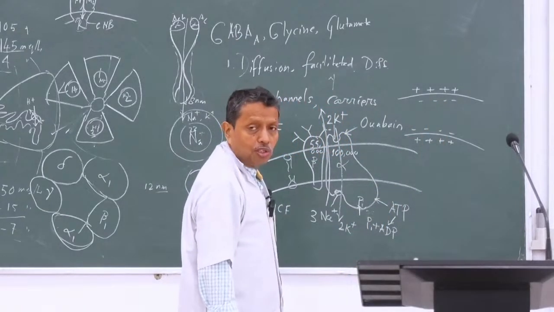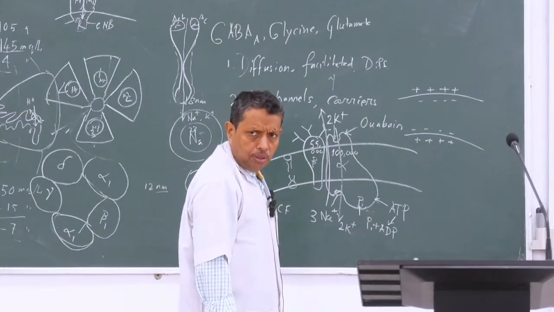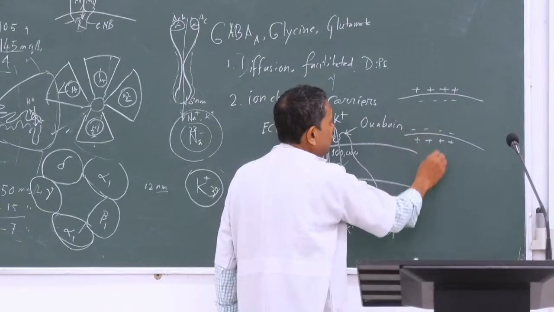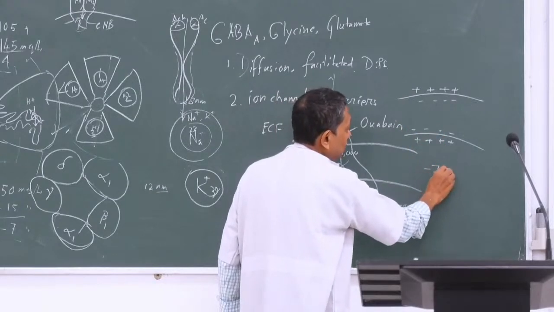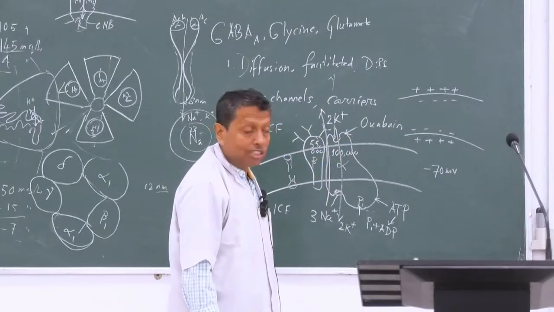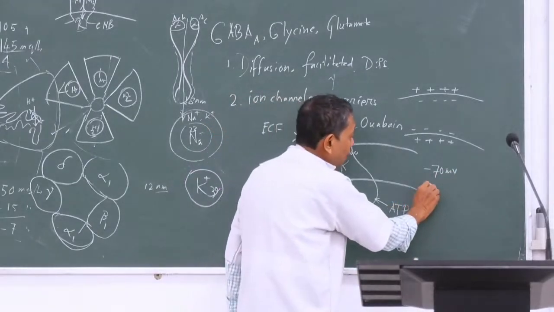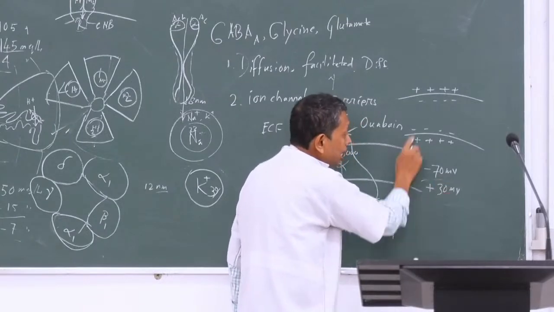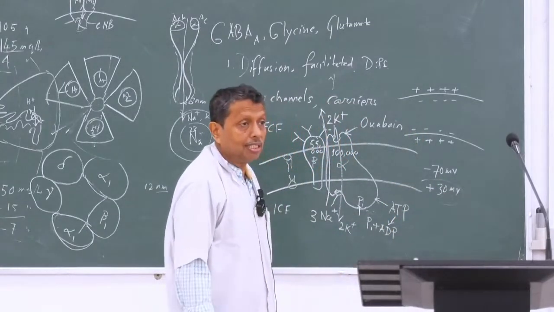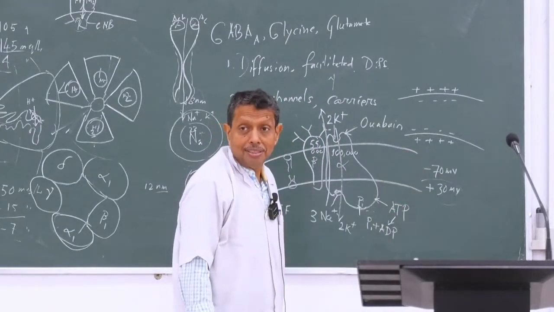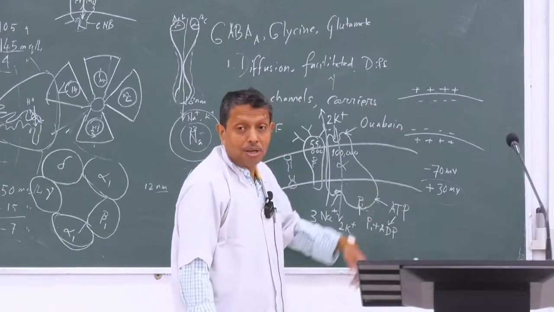By means of a cathode ray oscilloscope or a sensitive galvanometer, it can be expressed as minus 70 millivolt. But during the action potential, it may be plus 30 millivolt. So it indicates that the inside becomes positive transiently during the action potential. It is expressed in this way, inside in comparison to the outside.